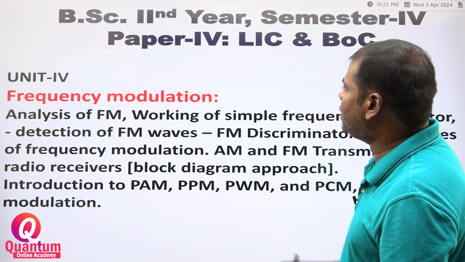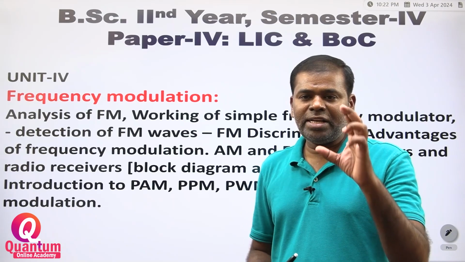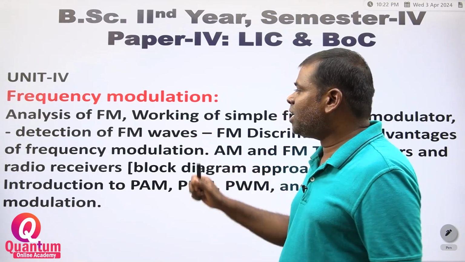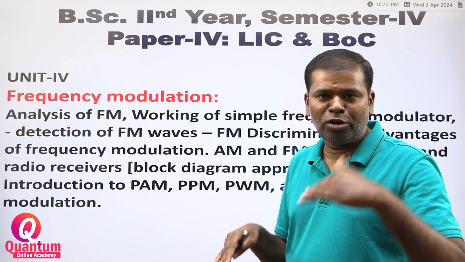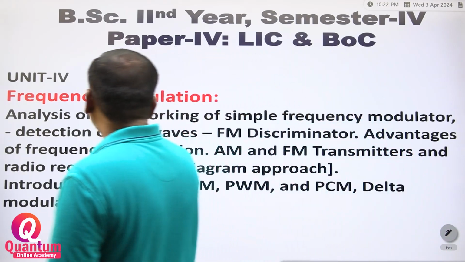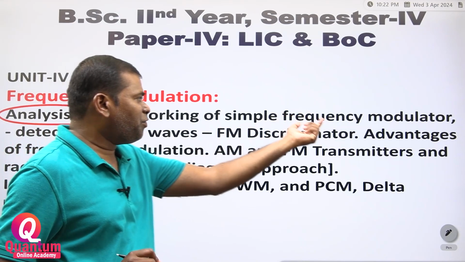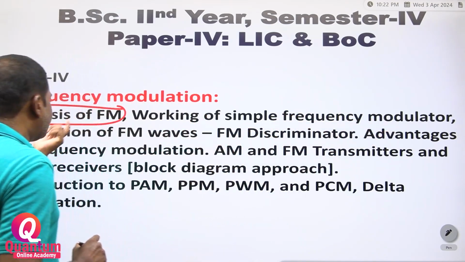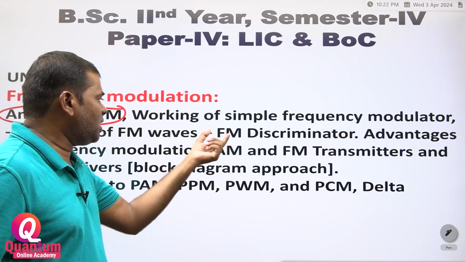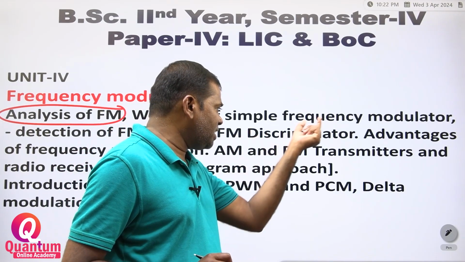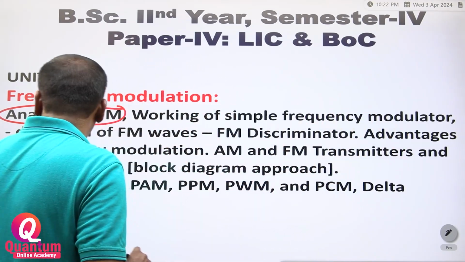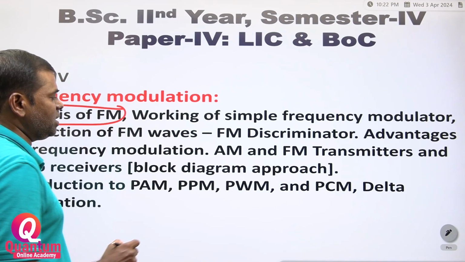Next, you have to see this is the last unit. What is the last unit? Frequency modulation and phase modulation, both are there. Analysis of frequency modulation, working of simple frequency modulator, detection of frequency modulation, discriminator, advantages of frequency modulation.